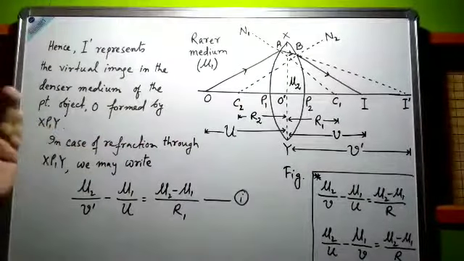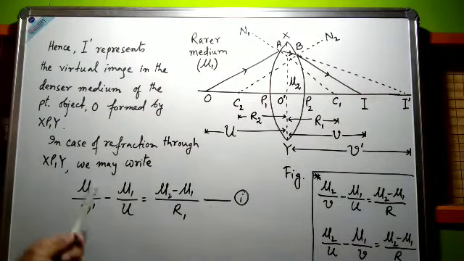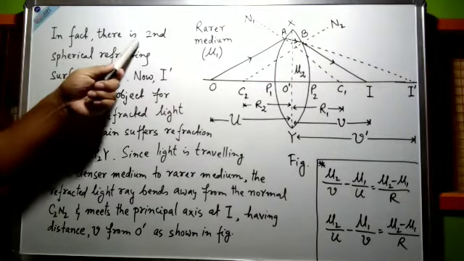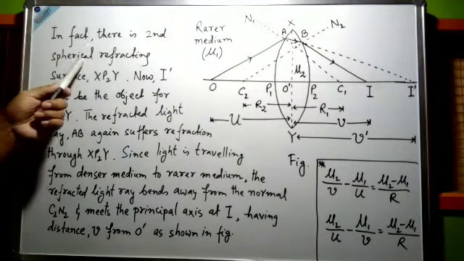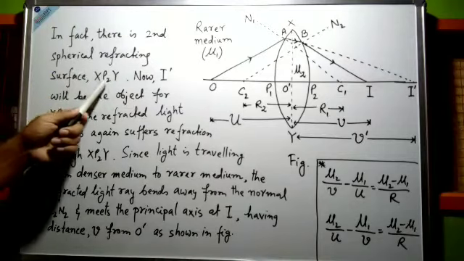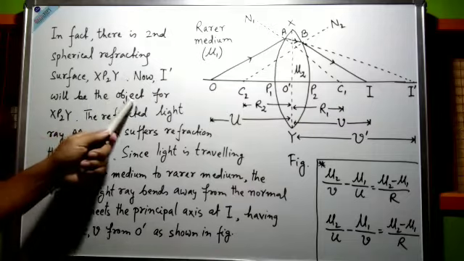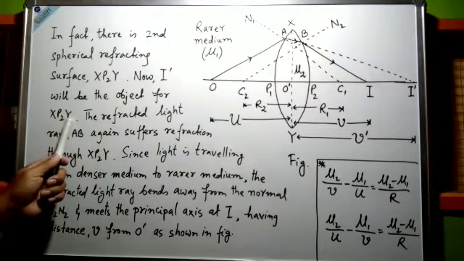This is the formula for refraction through XP1Y. In fact, there is a second spherical refracting surface XP2Y. Now I dash will be the object for XP2Y.